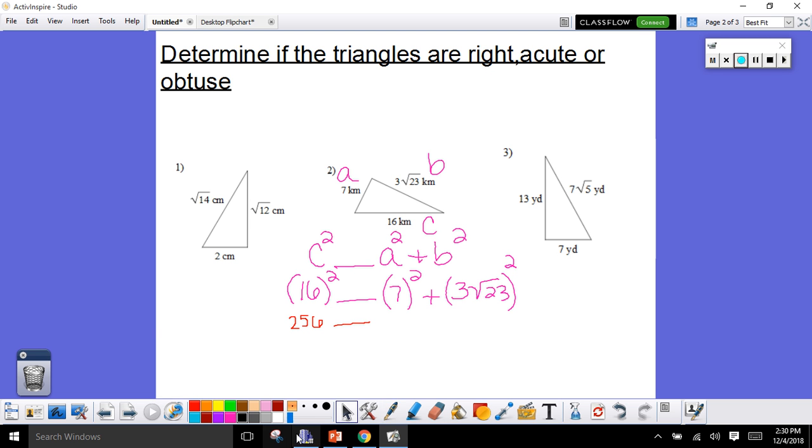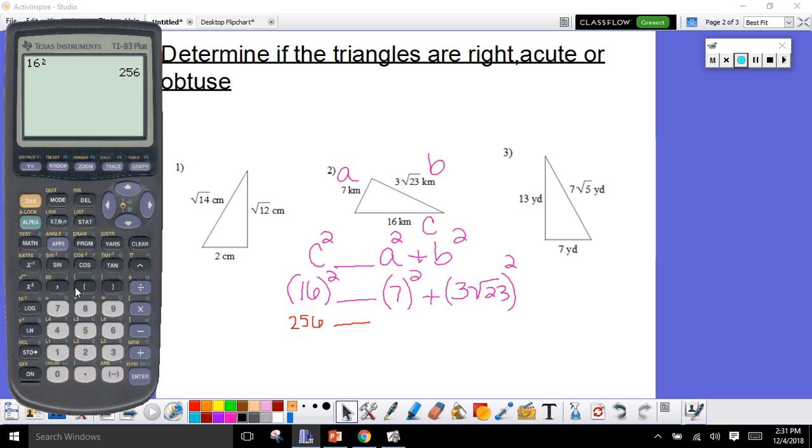I grab the calculator one more time and I'm going to press parentheses 7, close parentheses, squared, plus, open another parentheses, and I put 3 and the square root of 23. Square. Do not forget to square, please. Then we press enter and I have 256.